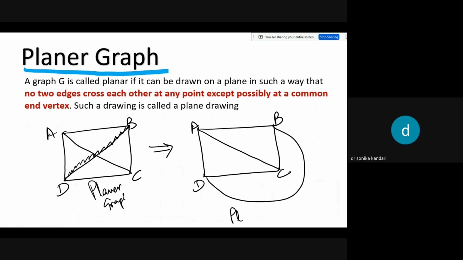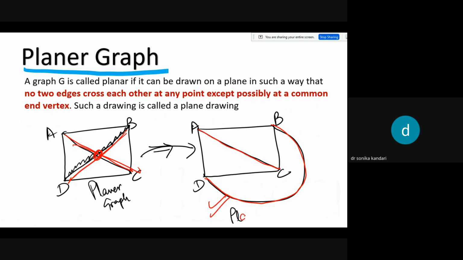So this is a planar graph. A planar graph means a graph which can be represented like this, where edges are not intersecting, edges are not crossing. In the earlier one, edges were crossing. Here, edges are not crossing. We have removed that crossing by redrawing this edge BD from here.